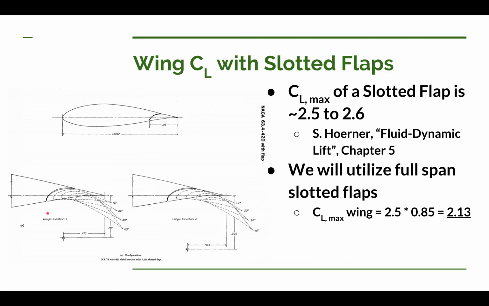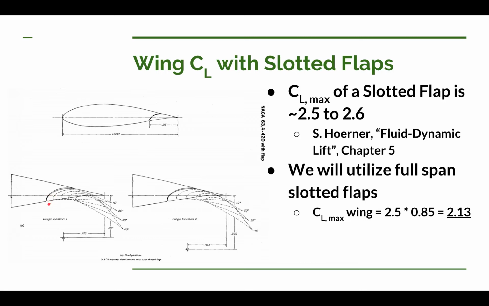But as you can see, what happens in this 10% flap deflected, the trailing edge will drop down and back, and the nose will move nearly straight back. But then what happens is a gap is created here between the nose of the flap and the wing.